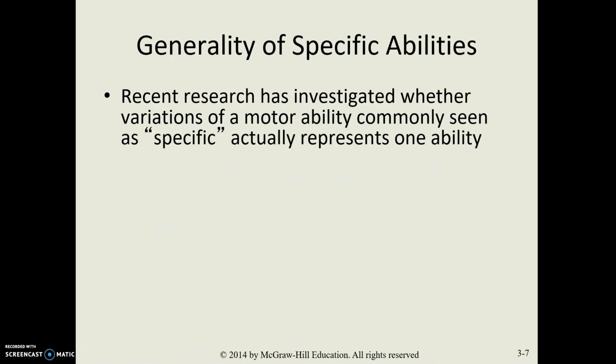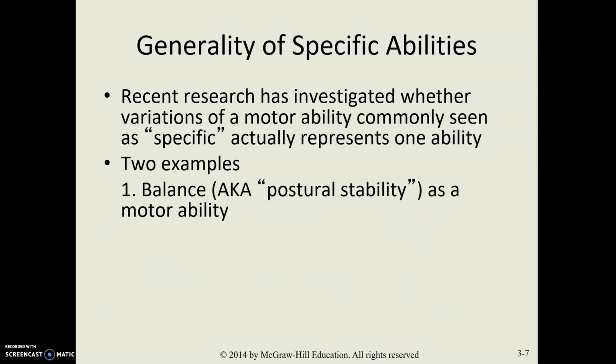There's also been recent research that looks at motor ability being specific, and balance is one area. When we look at balance, we can talk about static balance, which is just stationary type of balance, like standing, doing a stork stand, or dynamic balance, where you need balance moving from place to place.